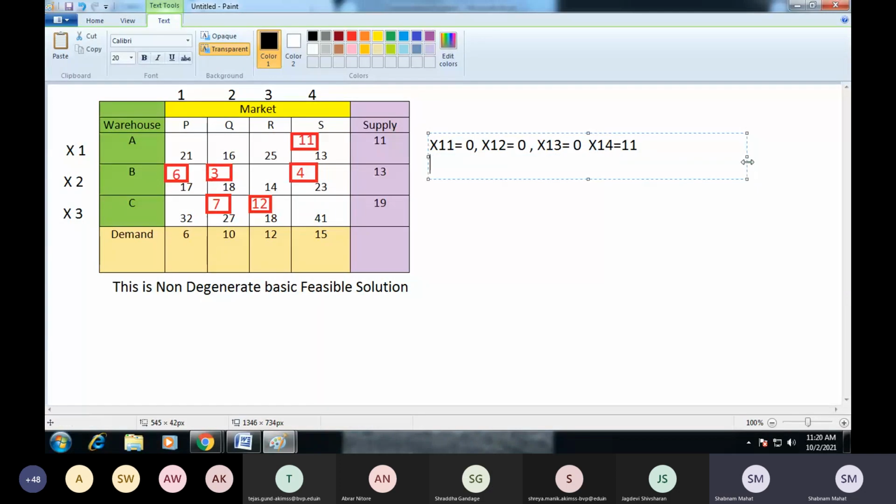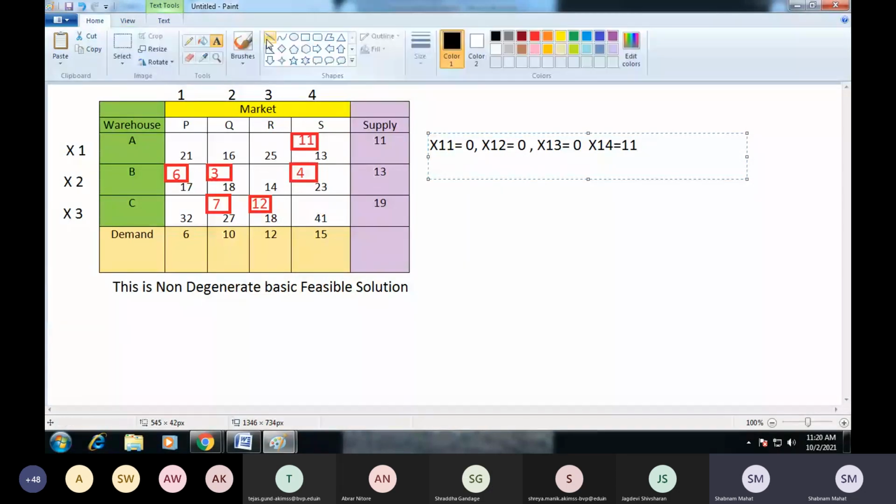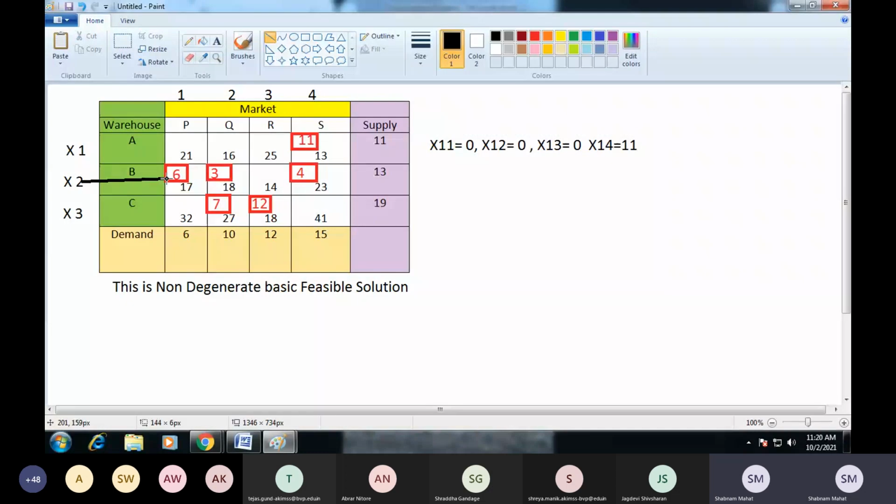Now write down the second row. So the first value is x21. Check here, this is my x2, which belongs to the first column. So x21 is equal to 6, x22 is equal to 3, then x24 is equal to 4.